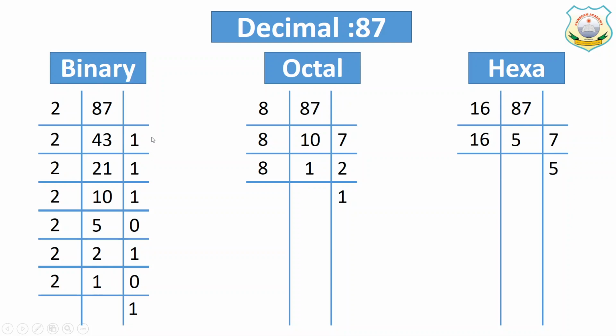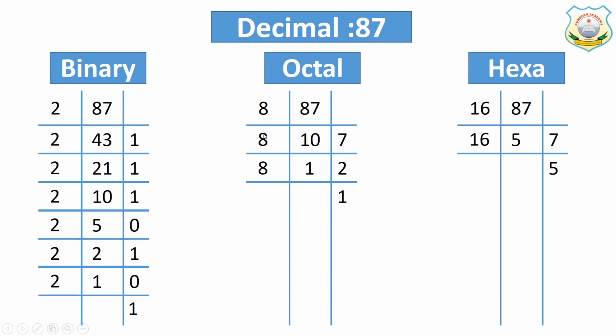Please remember, binary numbers have two symbols, so we cannot have anything other than 1 and 0. Same if I want to convert this decimal into octal, I will divide it by 8. So 8 tens are 80, 8 ones are 8, not divisible, 0, 8 tens are 80, the remainder is 7.